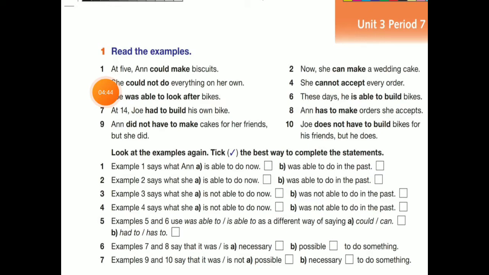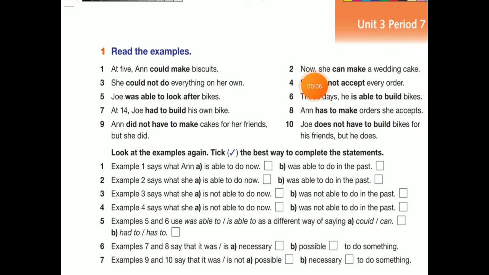Okay, and read the example. Read the example number 1. At 5 Anne could make biscuits. في عمر ال5 سنوات استطاعت أن تصنع البسكويت. Could make. Here could, modal plus the infinitive, means was able to.